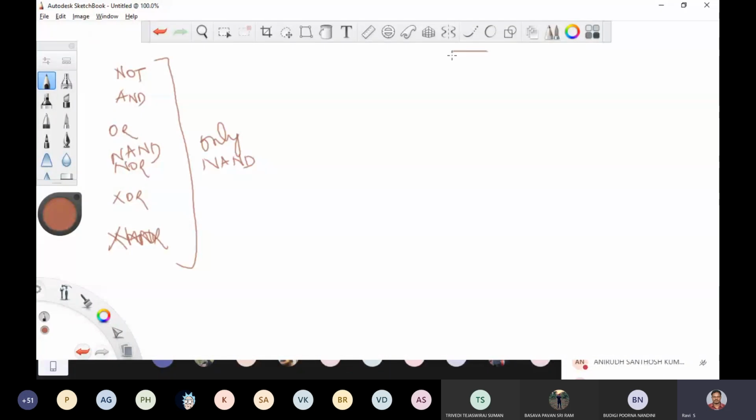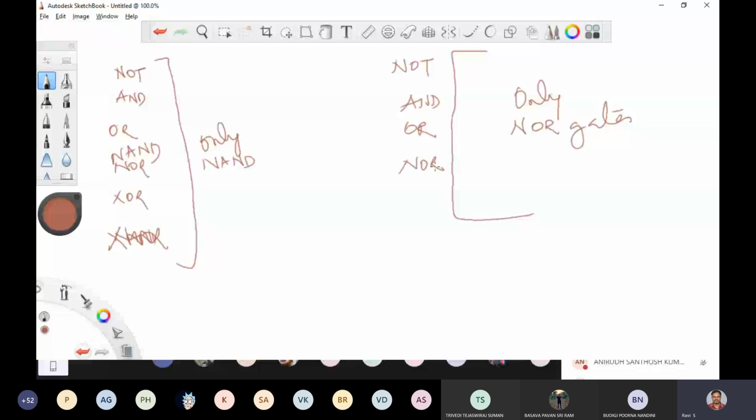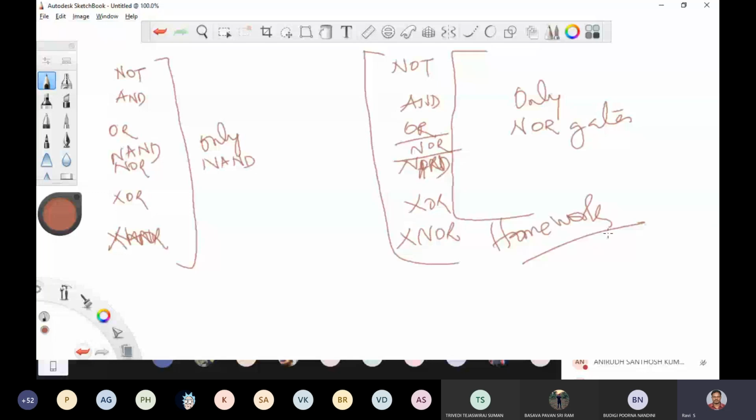That logic gate is the NOR logic gate. Only with NOR gates we can also implement NOT, AND, OR, NOR, NAND, XOR, XNOR. NOR already is a NOR. So now all the 7 you can implement using only NOR. So now this is your homework. Anytime I may verify your notebook, so please make sure that all your homework is solved in your notebook.